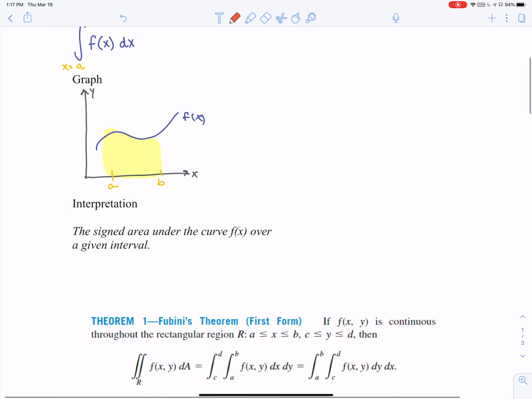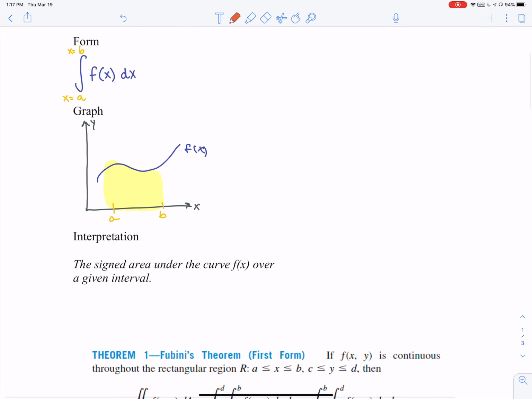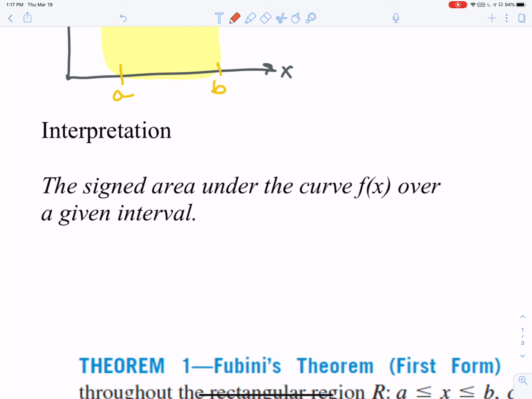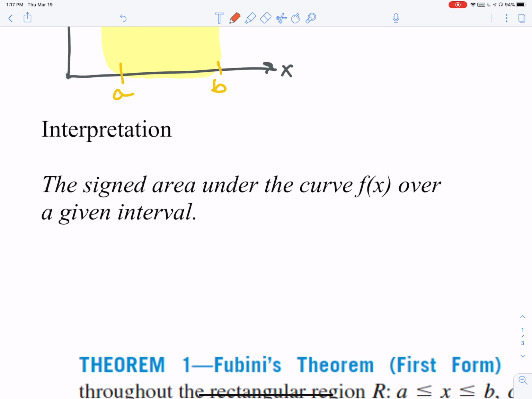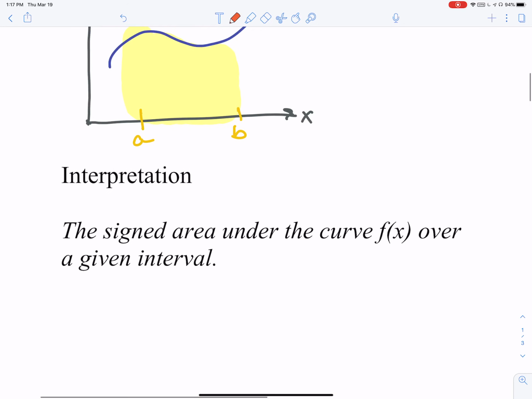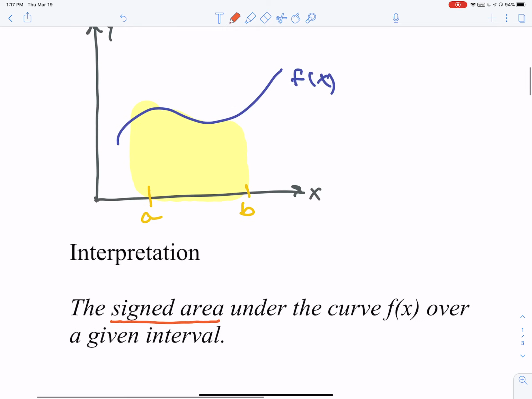So if I were to write out a sentence that kind of summarized this graph and the output of it, what we've gotten, it would be something along the lines of the signed area under the curve f of x over a given interval. So let's break apart the important words in that sentence. So it's the signed area, right? And this signed area just means that in general, in the real world, we're used to thinking of area as being only a positive value.